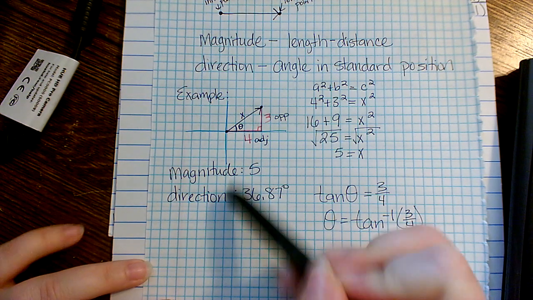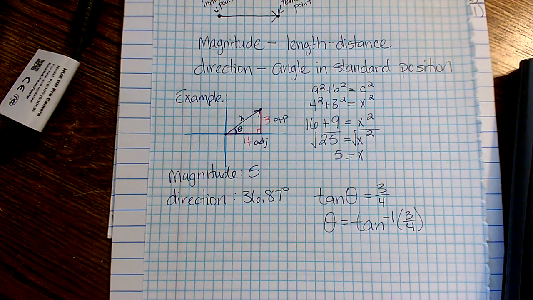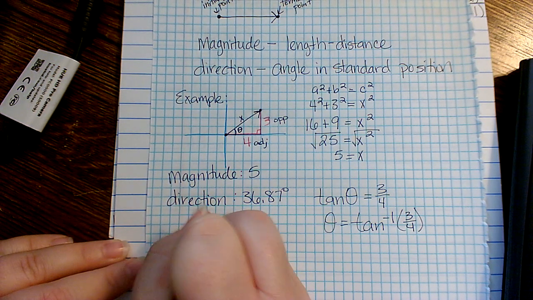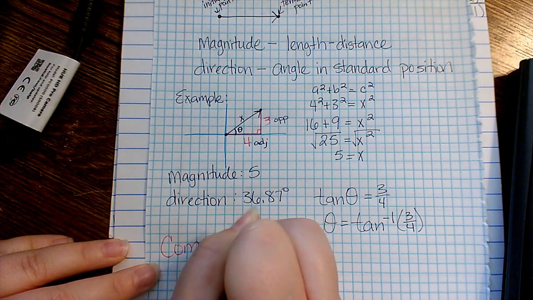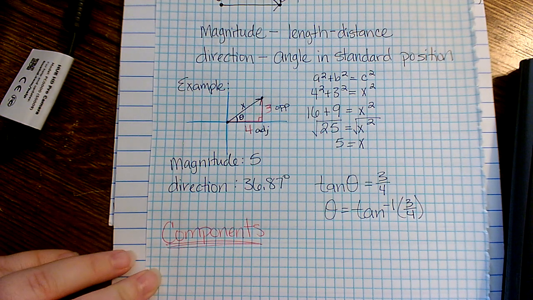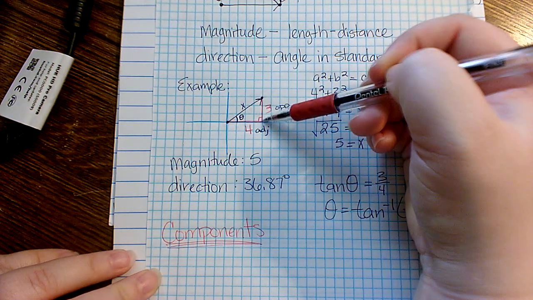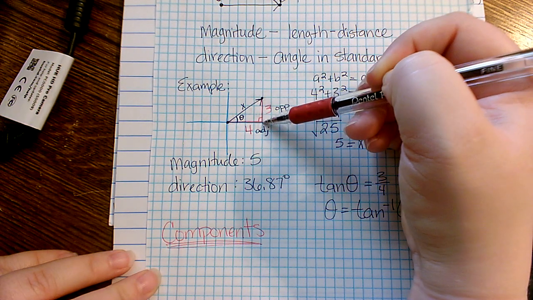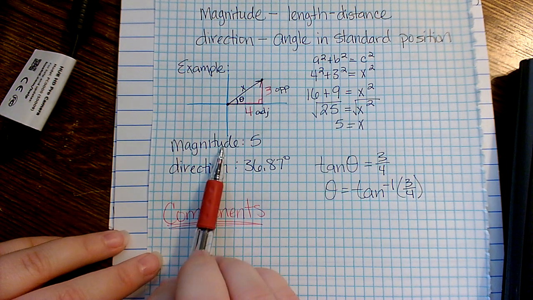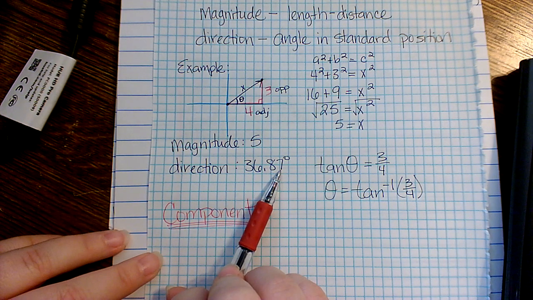We found the magnitude and the direction using this x and this y. The x and this y are called the components of the vector. They have that horizontal x component and that vertical y component. So this vector can be described as having a magnitude of 5 and a direction of 36.87 degrees.